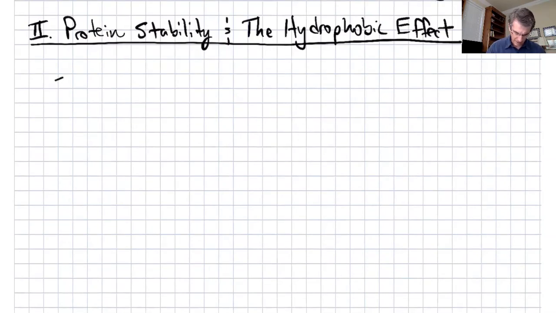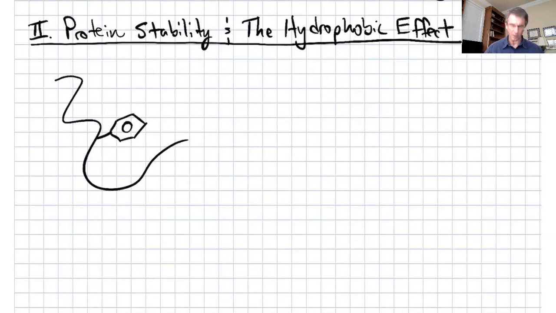So if you imagine an example of an unfolded protein here, and here we have a nice little phenylalanine in our unfolded protein to represent the hydrophobic amino acids. If that's exposed in water, we know what's going to happen: that's going to result in the formation of these little water clathrates, these partially ordered water around those hydrophobic amino acids, right?